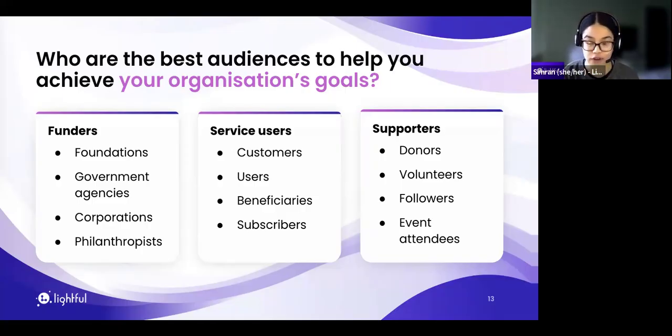And to be even more targeted, you can then segment these broad groups into smaller subcategories. And that's actually something we, again, encourage. For example, as you can see on your screen, you could break donors up into individual donors, major donors, or corporate partners. And even with supporters, you could break them up into new supporters or new followers versus long-term advocates.